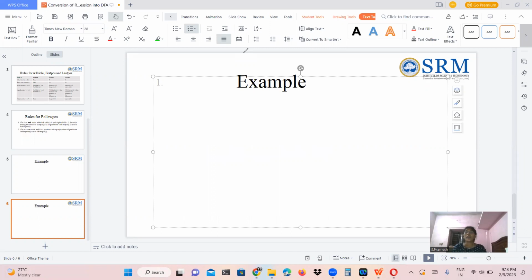So this is my expression: (A or B) the whole star, followed by concatenation of A, followed by B, followed by B, followed by the hash symbol. I'm going to write the second step of this problem, that is the syntax tree.